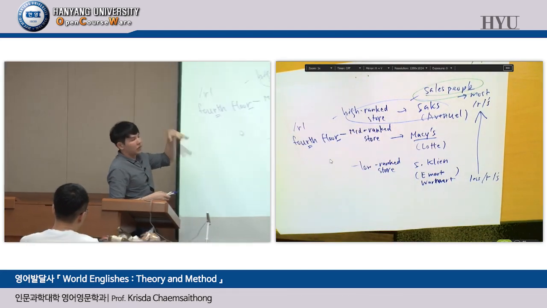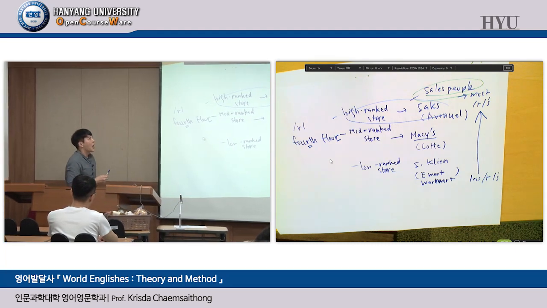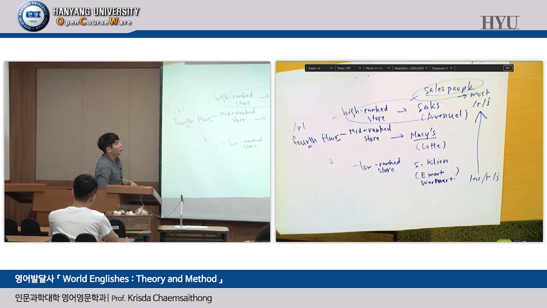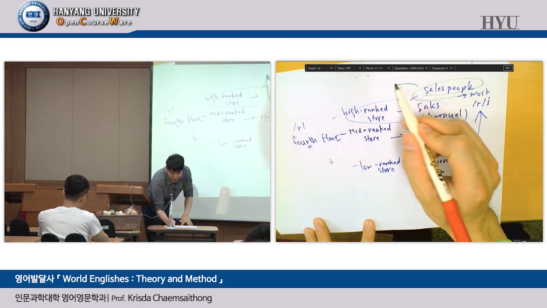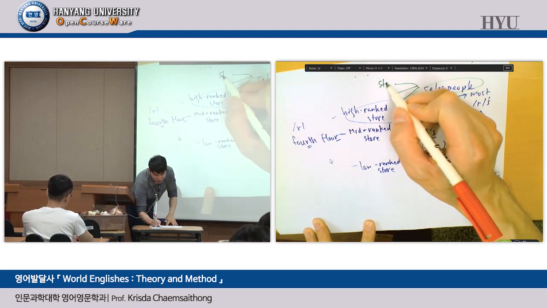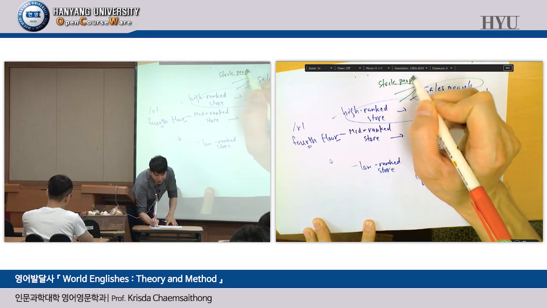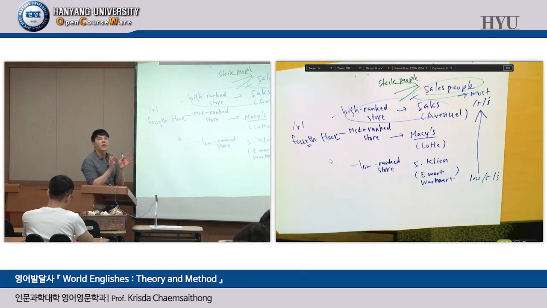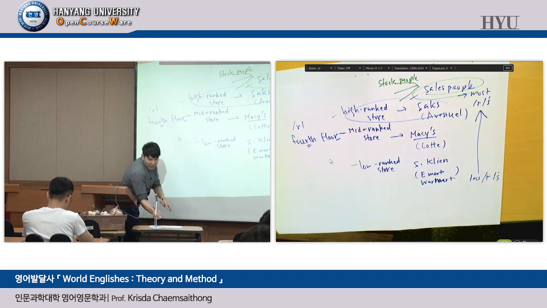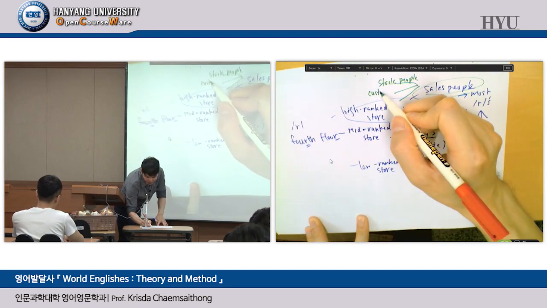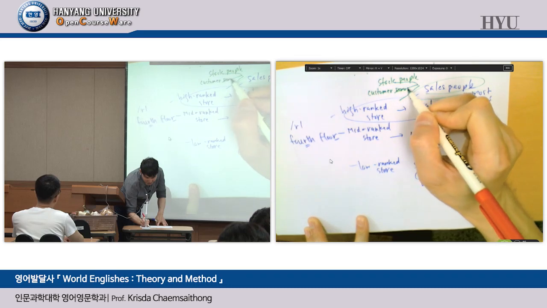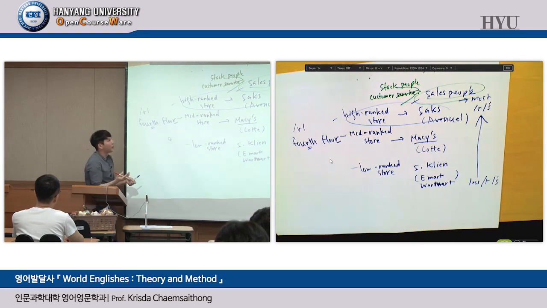And this is the details of the study, just if you are interested. He also looked at different types of salespeople, like the stock people, people who work in the back, who don't interact with customers. They just do the inventory stuff in the back. And he looked at customer service people, and so on.